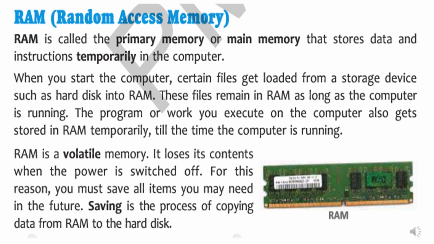That is another reason that RAM is also known as volatile memory. That means it loses its contents when the power is switched off. That's why we say saving is very compulsory before shutting down the computer. Saving is the process of copying data from RAM back to hard disk.